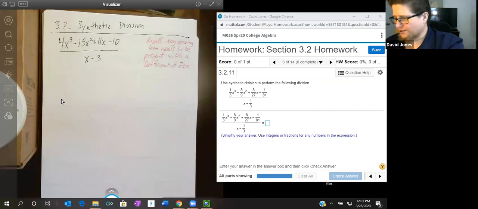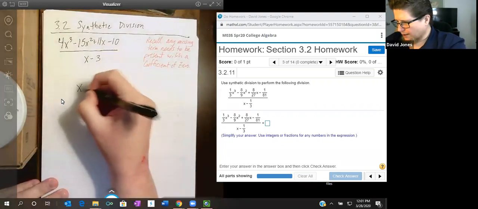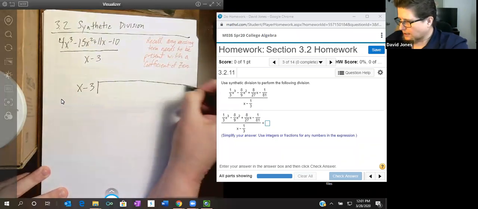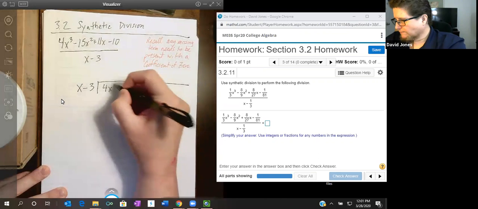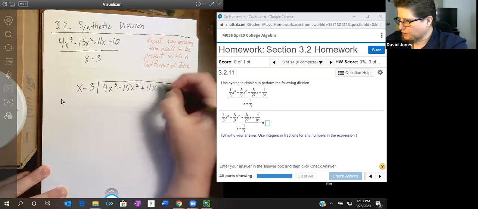And how did we do division? Well, we took the denominator, we wrote it out front, and we put the numerator inside.